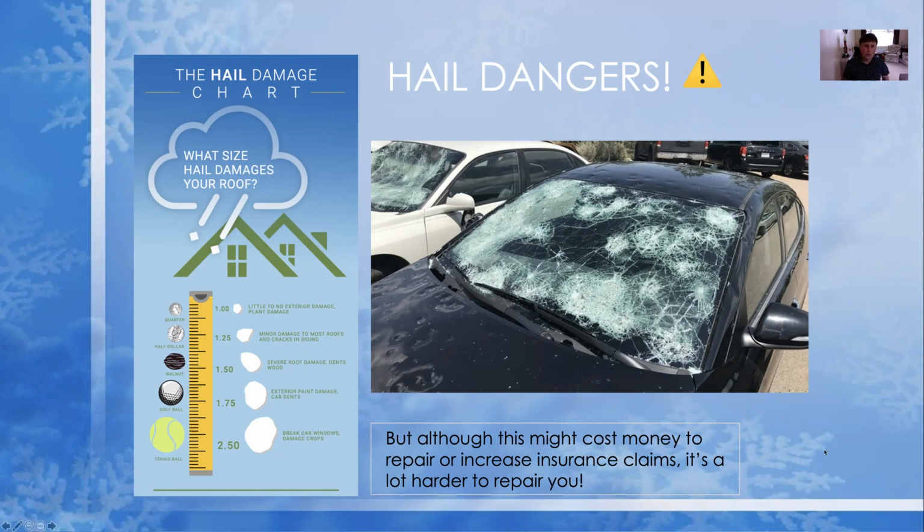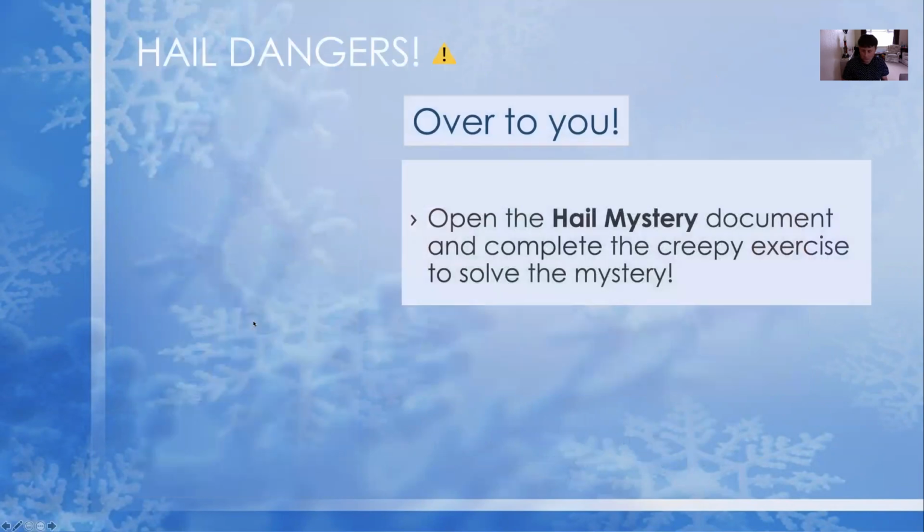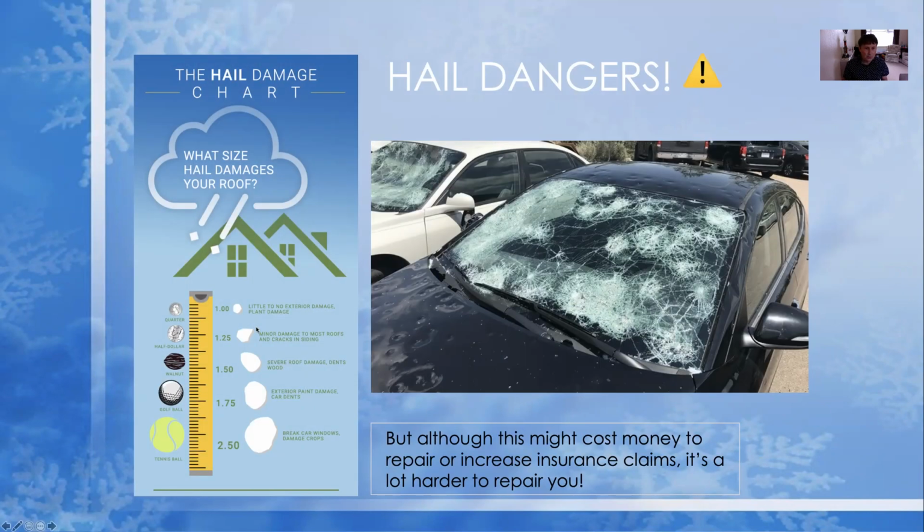So on the left here, what we've got is a really good, interesting little infographic that shows us the damage that hail can do. And here we're actually talking about sizes. The sizes that we're talking about here are in inches. So a quarter, a half, a walnut, a golf ball, or a tennis ball. These are the sizes of hail that you can get.